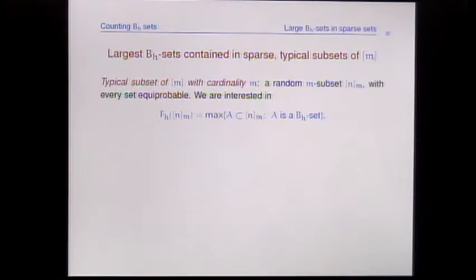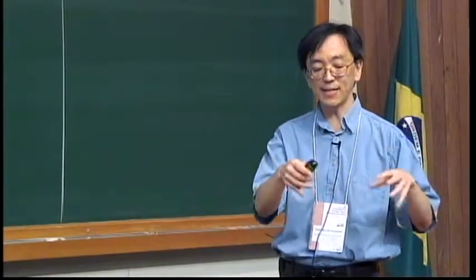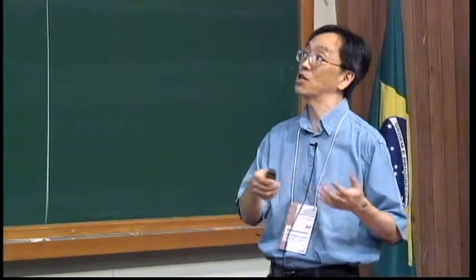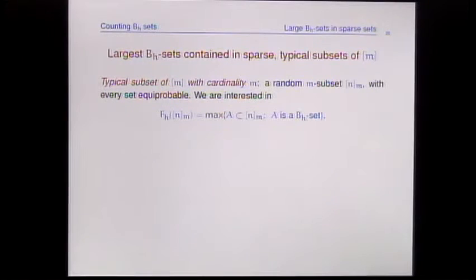Okay, so I have n. I have some other number m. I select an m element subset of brackets n. And inside this set, I would like to find a large BH set. And I will use this notation f_h to say how big the BH set is.